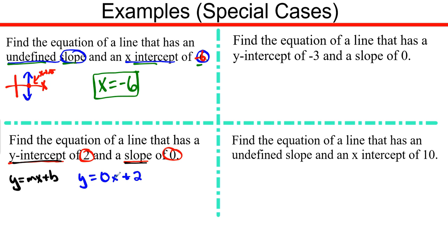But 0 times anything is 0, so that term goes away, and we really just get the equation y equals 2. Again, this has a y-intercept of 2 and a slope of 0, which means it's a horizontal line that only goes through our y-axis at y equals 2.